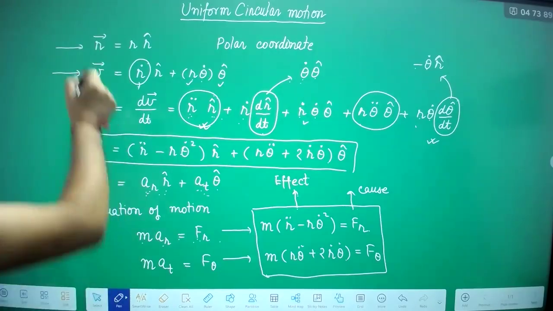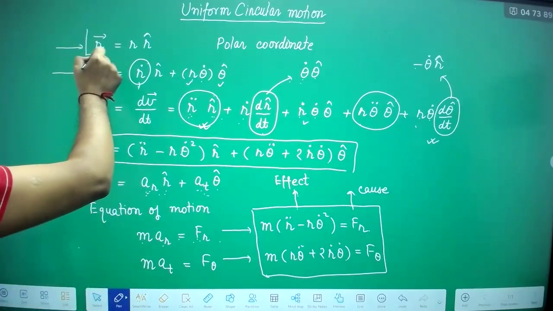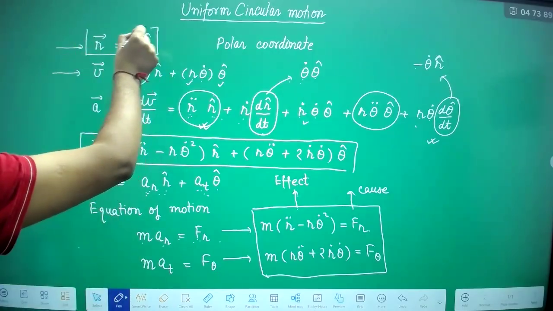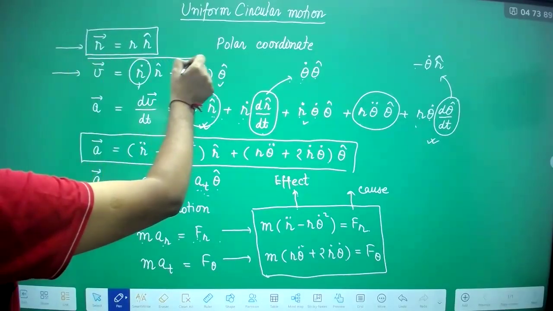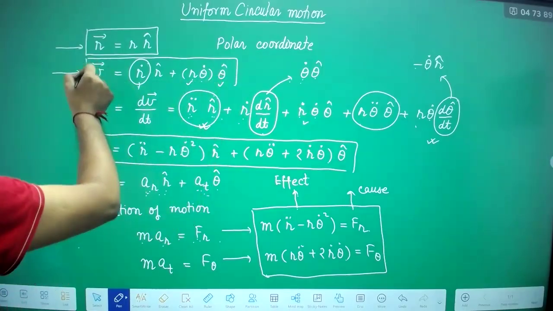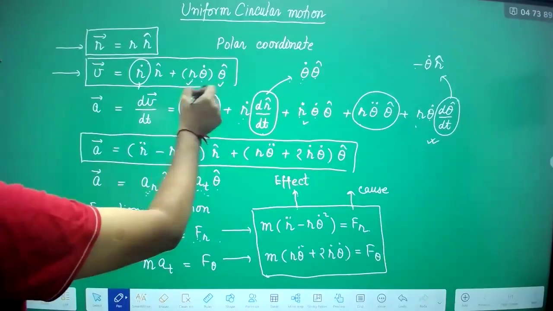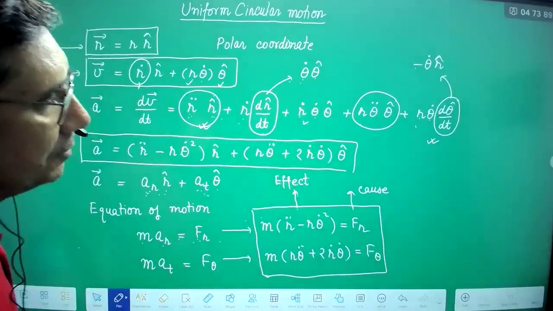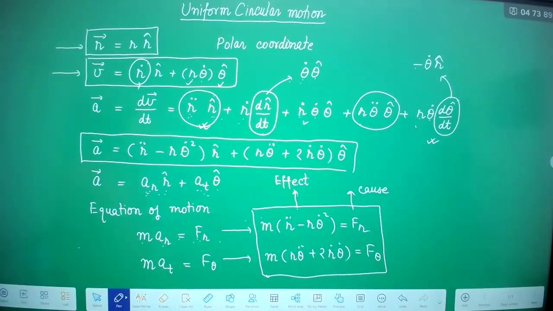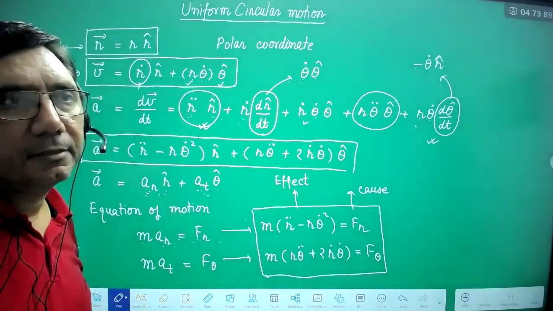So basically now you know the position vector, you know the velocity in terms of polar coordinates, you know the acceleration as well as the equation of motion. So you know everything that is required for the kinematics.